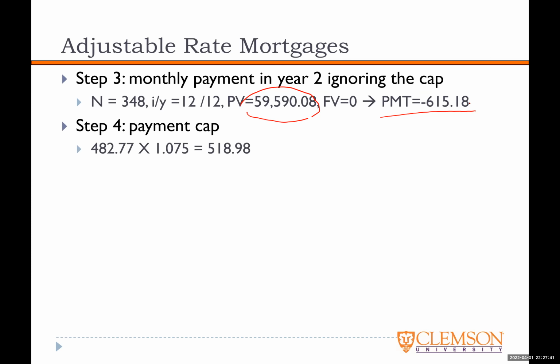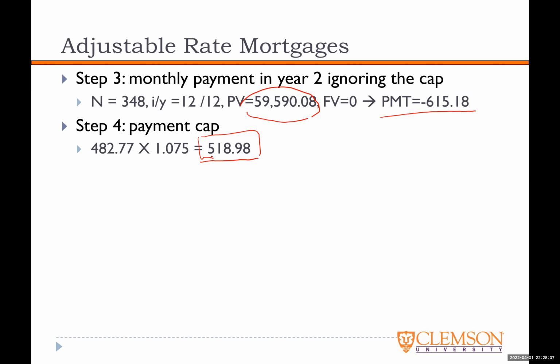Okay. So the mortgage also says it can only increase by at most 7.5%. So the maximum payment the bank can ask from you in the second year, with a cap, is $518.98.